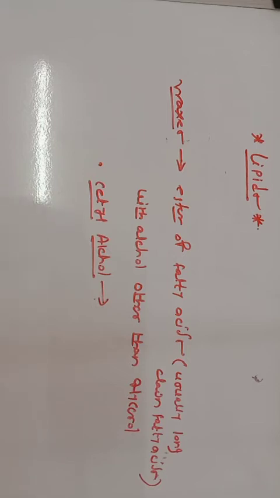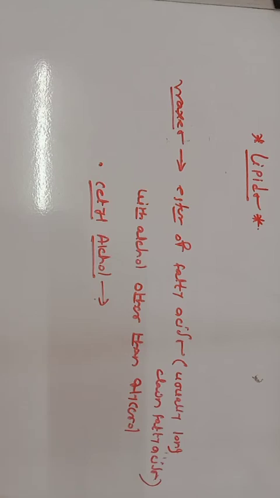You should remember the simple lipids are nothing but the esters of fatty acids with alcohol. They are again classified into two types: fats and waxes. The fats are the esters of fatty acid with glycerol, while the waxes are the esters of fatty acids with alcohol other than glycerol. Generally the cetyl alcohol is there.